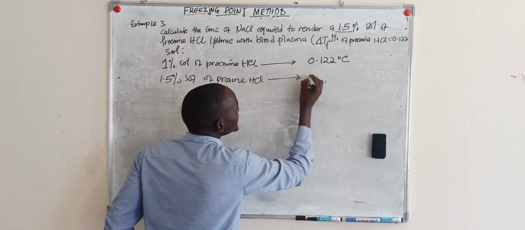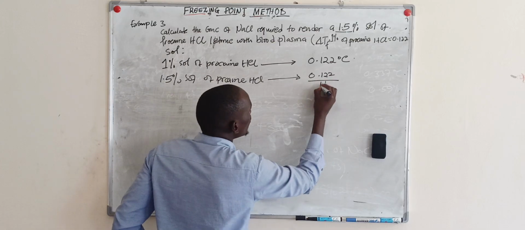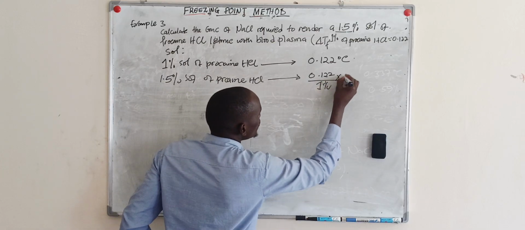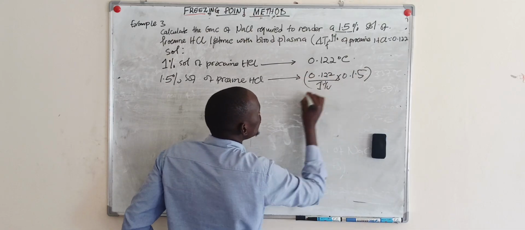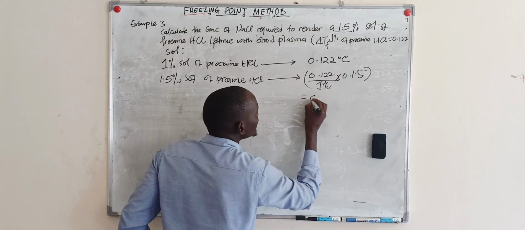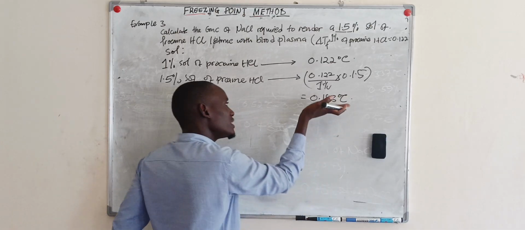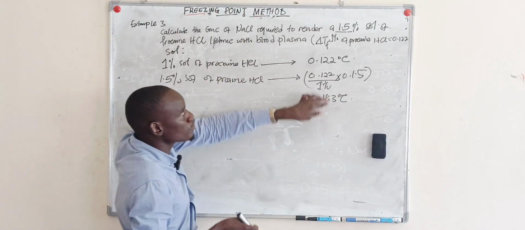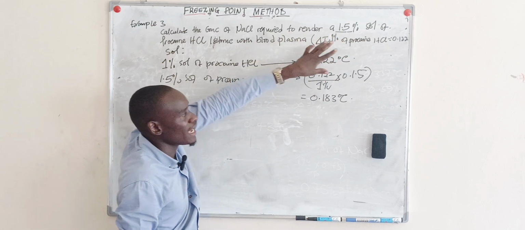It will produce 0.122 divided by 1% times 1.5%. And when we compute this, we shall get 0.183 degrees C. So this is the freezing point depression produced by a 1.5% solution of procaine hydrochloride.